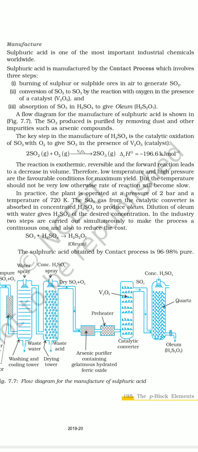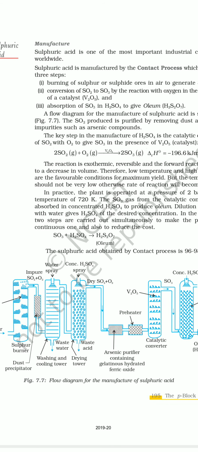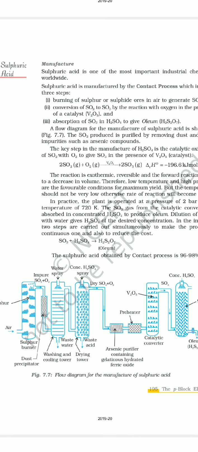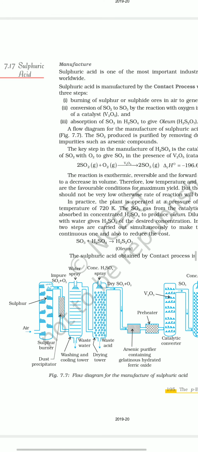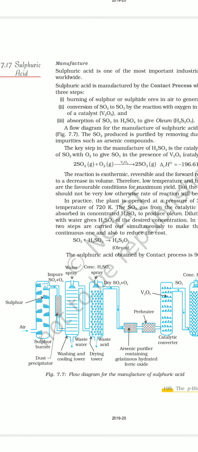Now, the plant which is used for manufacture of sulfuric acid is shown here in this diagram, figure 7.7. In this diagram, we can see that the first chamber is known as the sulfur burner. In this sulfur burner, we have plates on which sulfur is present.